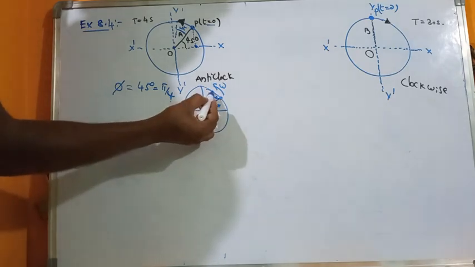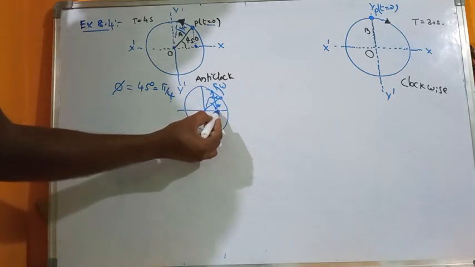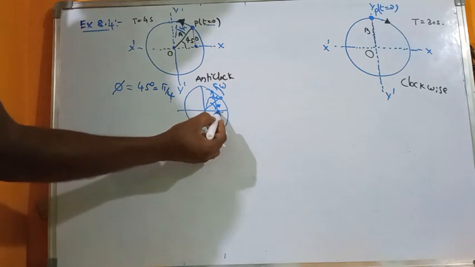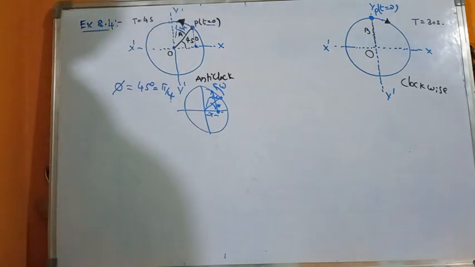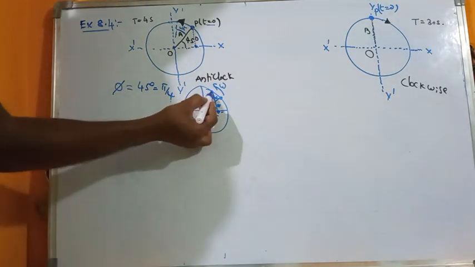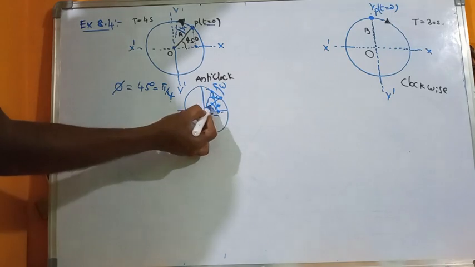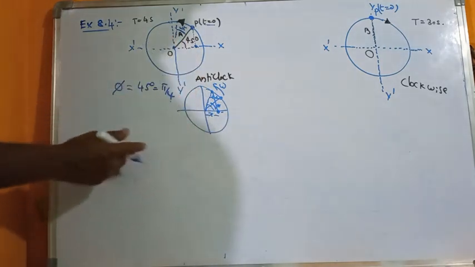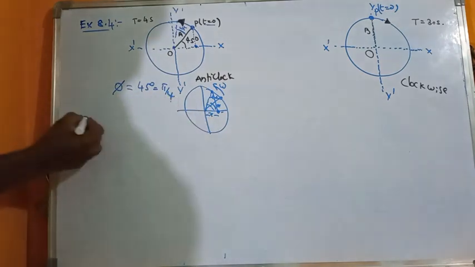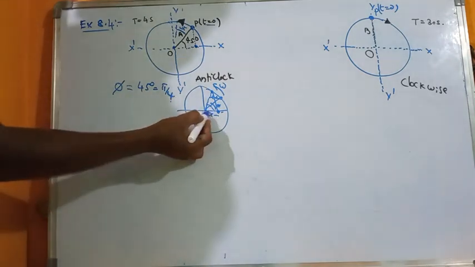Now the particle is here, and from that we drew a perpendicular on the x-axis, because they are asking for the x projection. This is our x displacement from the mean position. Then how can we find this x projection? It is making some angle here, that angle is equal to omega t plus phi.